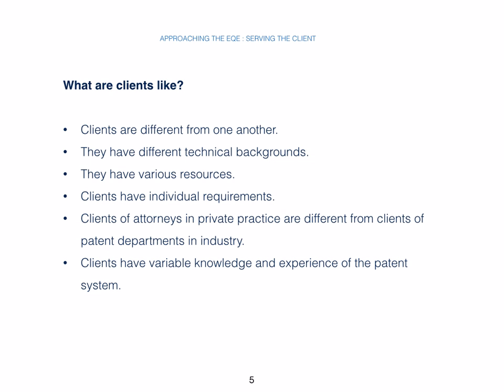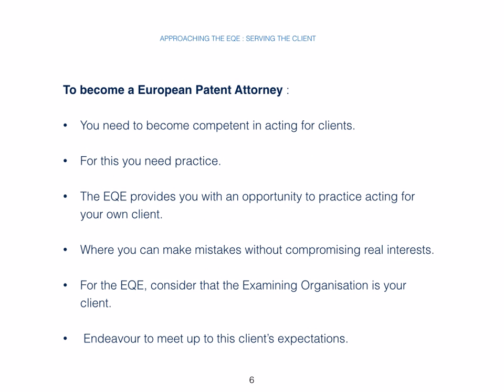Now, to become a European patent attorney representing clients, what do you need? You need to become competent in acting for clients, and for this, you need practice in acting for clients. You now have, with the EQE, a golden opportunity to practice acting for your very own client to gain experience.